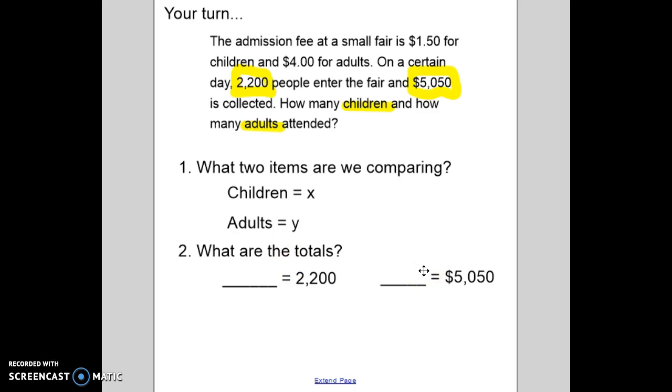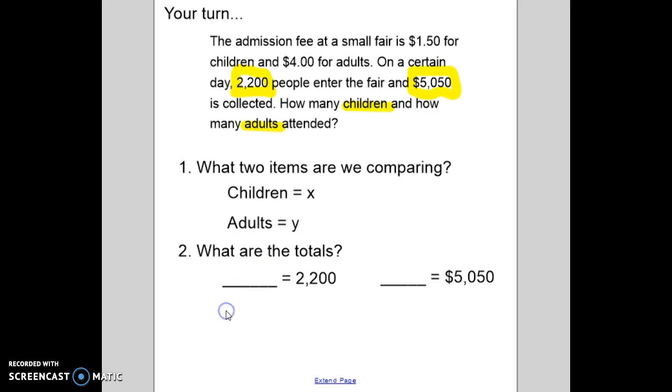And I can do that just by reading back through the problem. So you can see the admission fee at a small fair is $1.50 for children and $4 for adults. On a certain day, 2,200 people enter. So I know there are a total of 2,200 people who enter, and I also know all of those people are either paying a children's ticket or an adult's ticket.